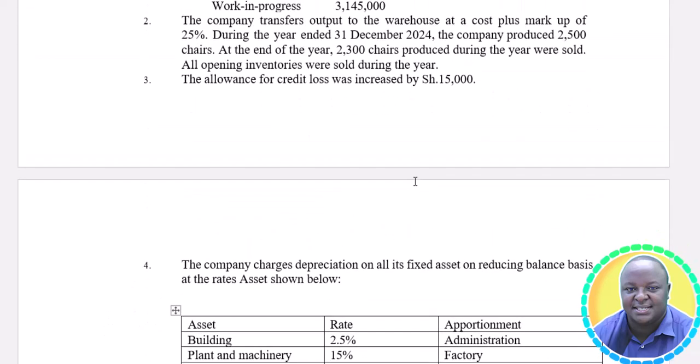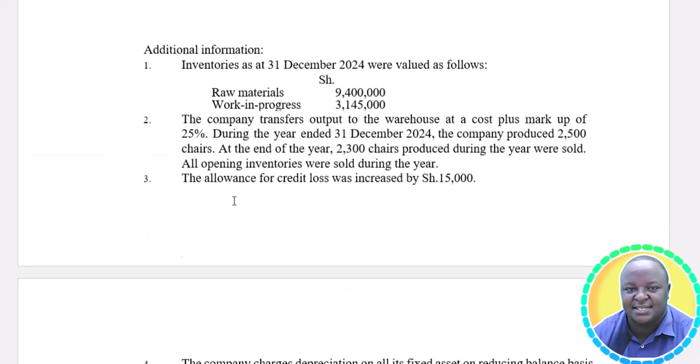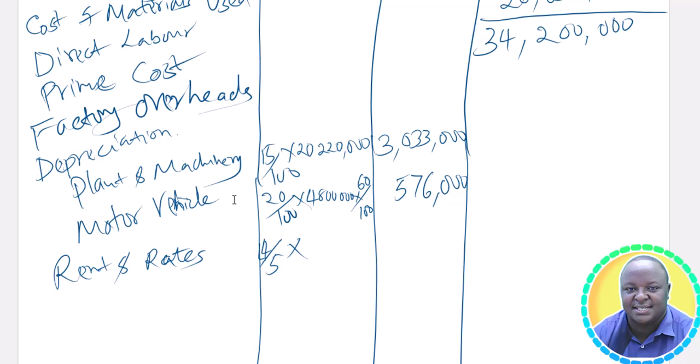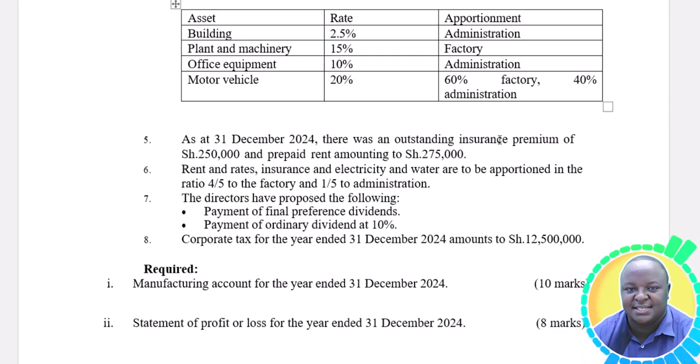So we will take that figure of rent and rates, 3,609,360, in brackets, 3,609,360 minus... 250,000 was for insurance.